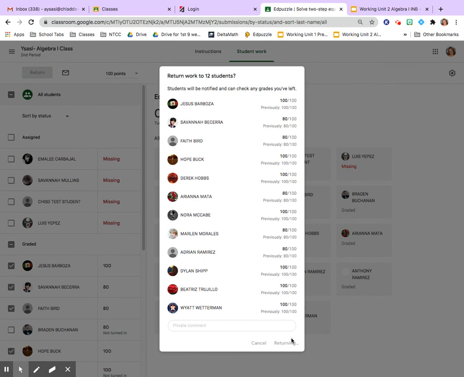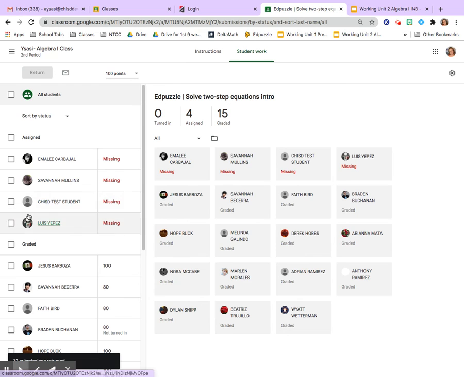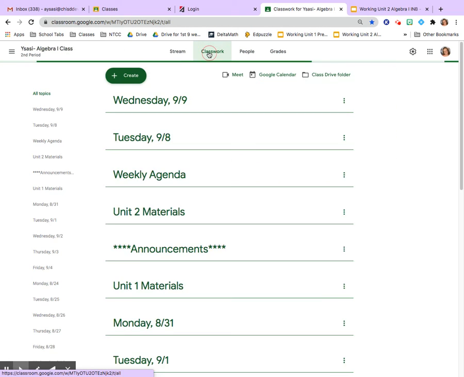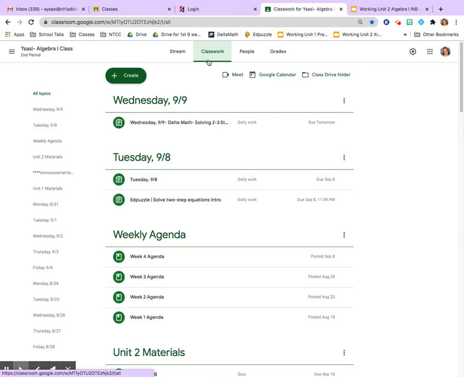And then it'll come to you with your grade. So if you didn't do it, if it says missing, it means you have a 0 in it right now. So go to classwork, click on view your work, and then click on missing or returned to see which ones you have grades on and see which ones you have missing, I guess.